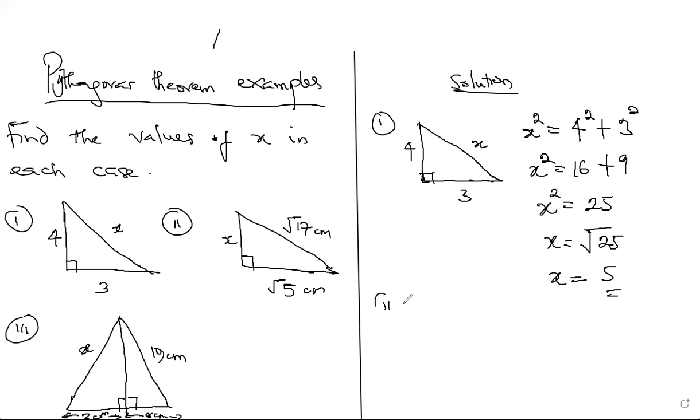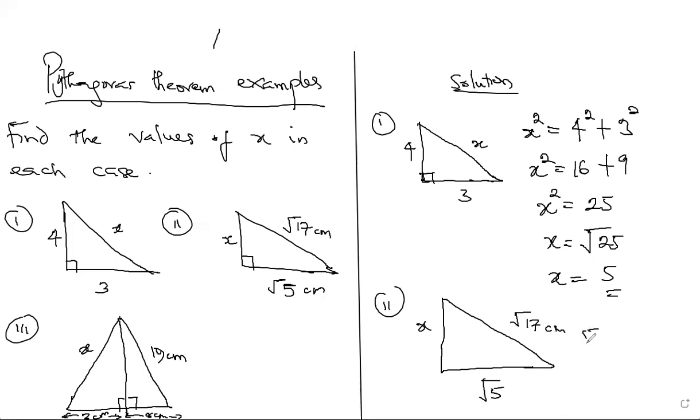The second part, we have the hypotenuse in this case will be root 17 centimeters. We have to look for x, and we have the base one. So we apply Pythagoras theorem.